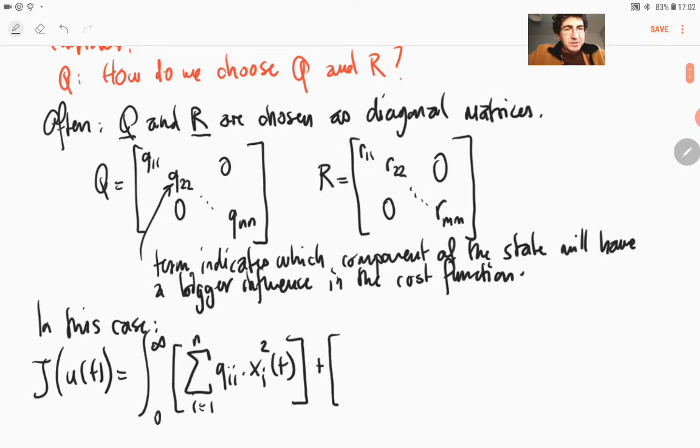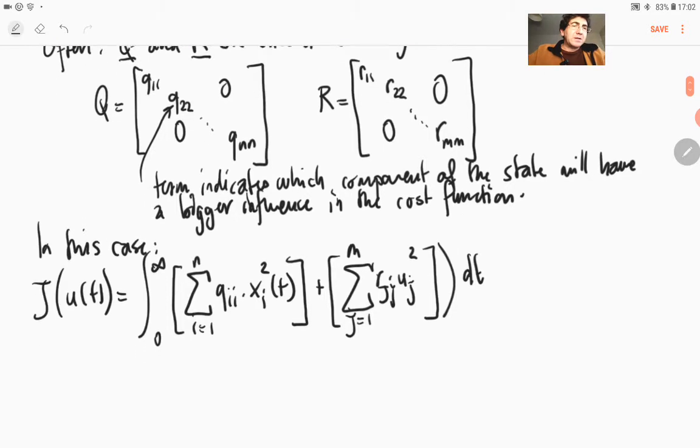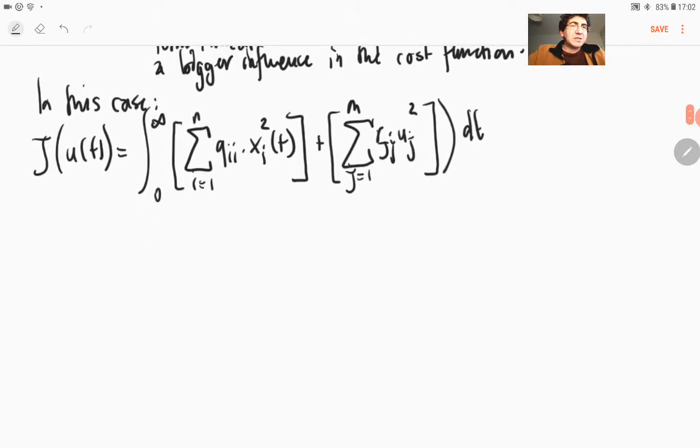Similarly, with the inputs, where you have m inputs, 1 to m, you will have r_jj u_j squared, and we will finish the integral. Okay. So that is one guideline: we select Q and R matrices as diagonal matrices.